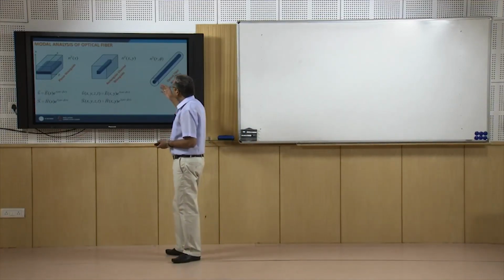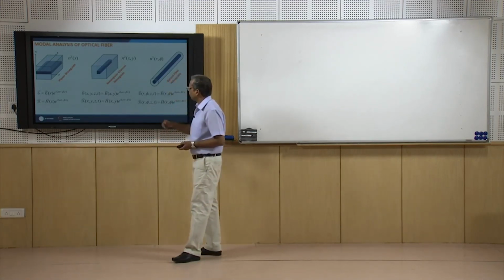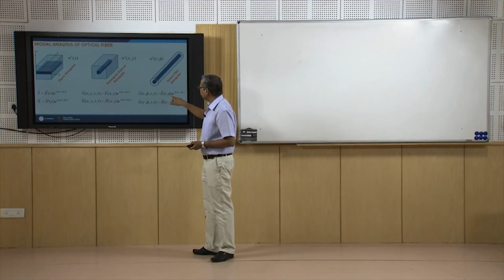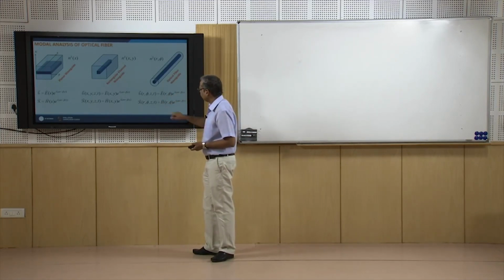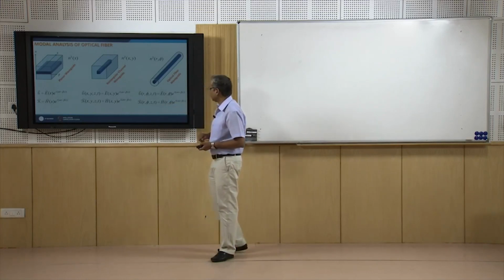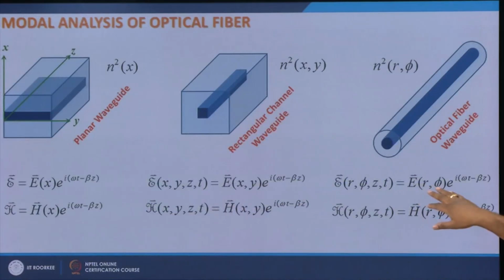So, now what would be the modes of this kind of structure? Well, they can be given by E of r phi e to the power i(omega t minus beta z) and H of r phi e to the power i(omega t minus beta z). So, this E which is a function of r and phi propagates in z direction with certain propagation constant beta. So, these are the modes.